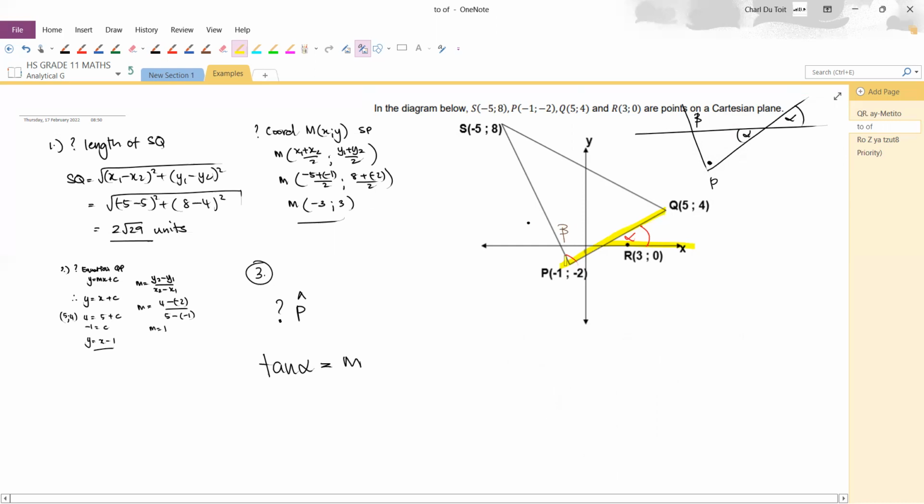We've got it already because Ibrahim worked it out just now. Remember, we have the gradient of that line. Can you remember what the gradient was? It was 1. So tan alpha is 1. Quickly write that down.